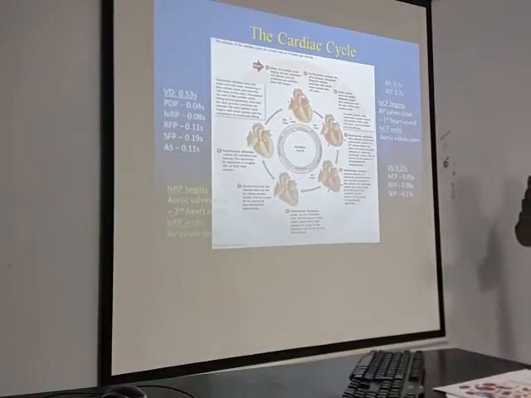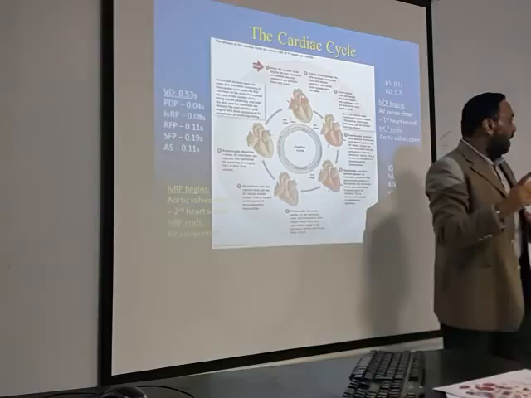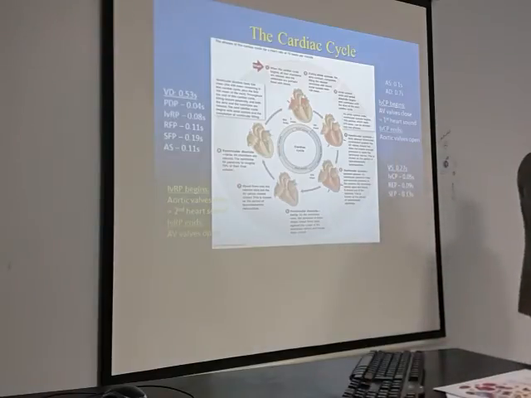So, what happened? At point 0, there was the beginning of atrial systole, the beginning of contraction of the atria. Now, when the atria contract, you have to imagine again that situation in which the heart was completely relaxed and blood was pouring into the atria and the ventricles, and there was filling of the ventricles.